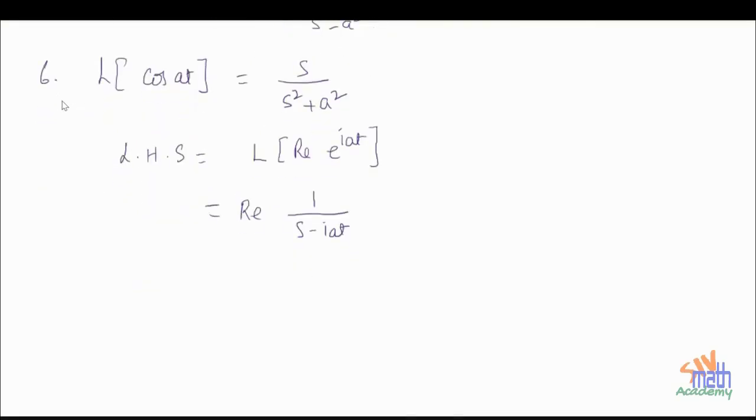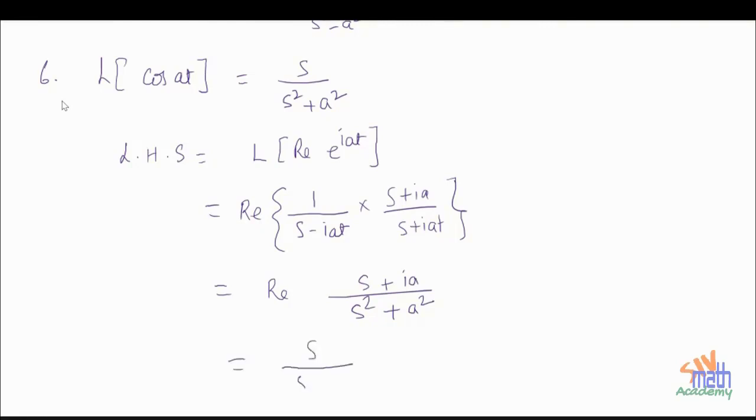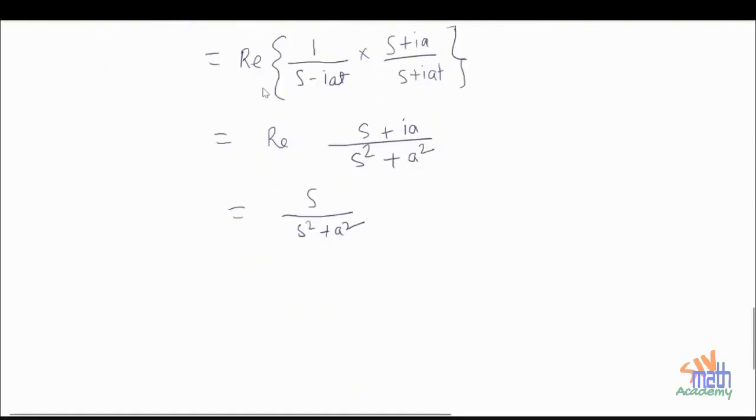You can conjugate, then s plus ia upon s plus ia you can write. So this denominator portion will become s square plus a square, and the numerator is s plus ia. Therefore this is going to be s upon s square plus a square. So this is how this formula can be established.